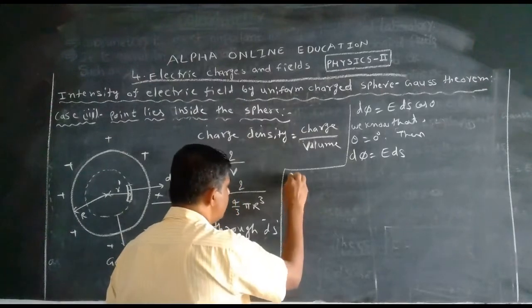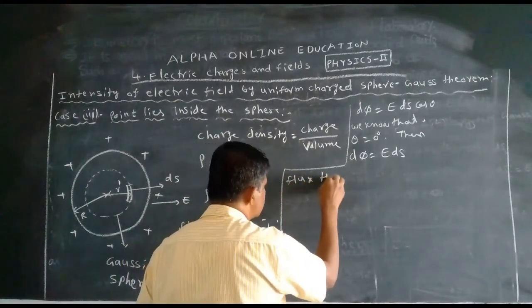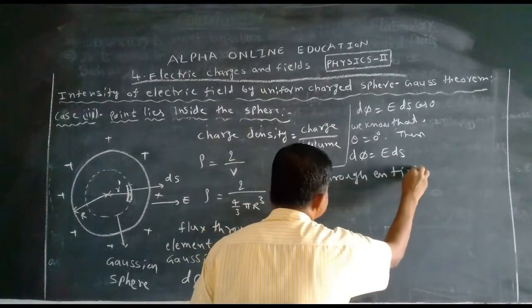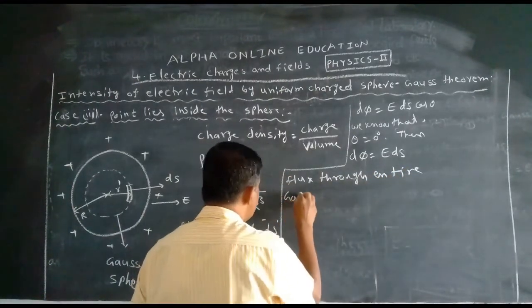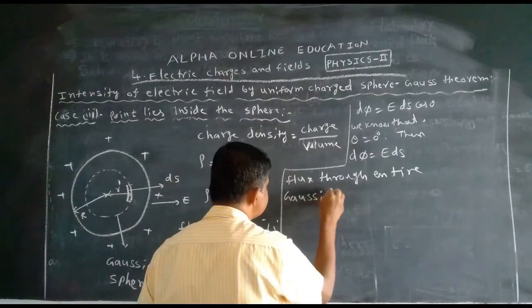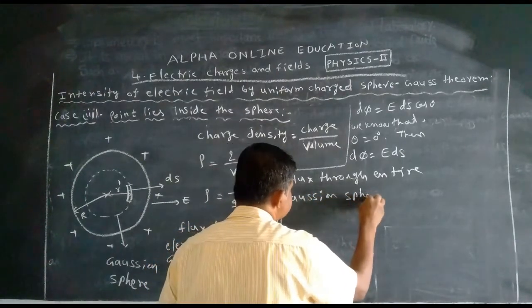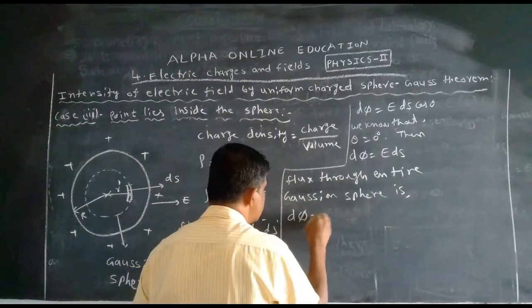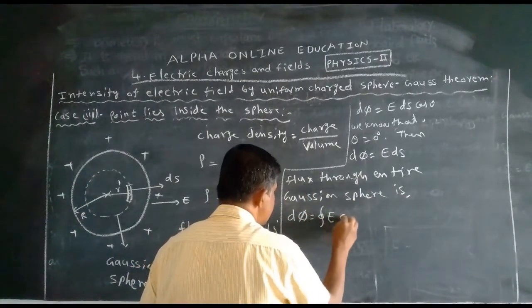Next, flux through the entire Gaussian sphere is d phi is equal to integral E ds.